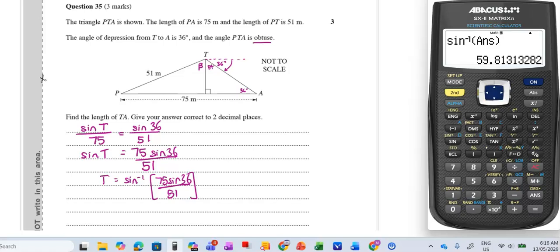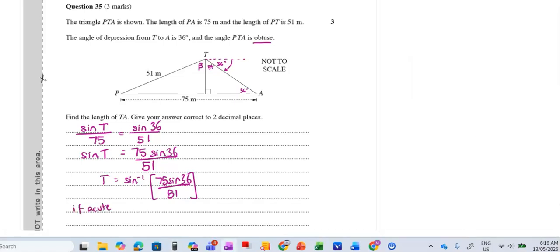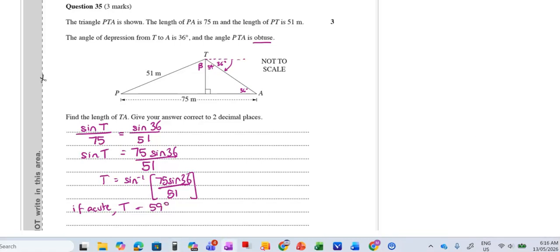Now that's the right answer if it had been acute, but we know that it's not. And my calculator will only initially give me the acute answer. T equals 59. You could write it using degrees, minutes, seconds or not, it doesn't matter.